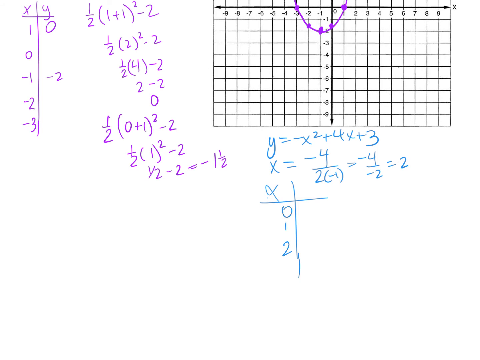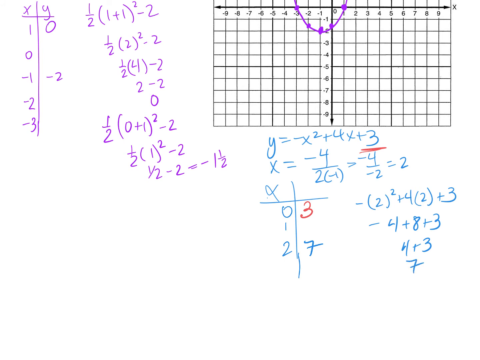Well, I know that when I plug in 0, I get the y-intercept, 3. It goes with the y-intercept, not the vertex. I have to plug in 2 to get the vertex. So -(2) squared plus 4 times 2 plus 3. That's -4 plus 8 plus 3. -4 plus 8 is 4. 4 plus 3 is 7.